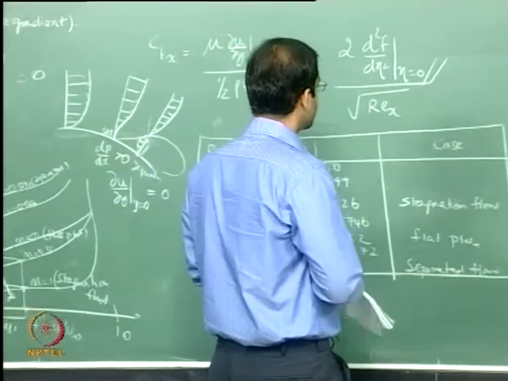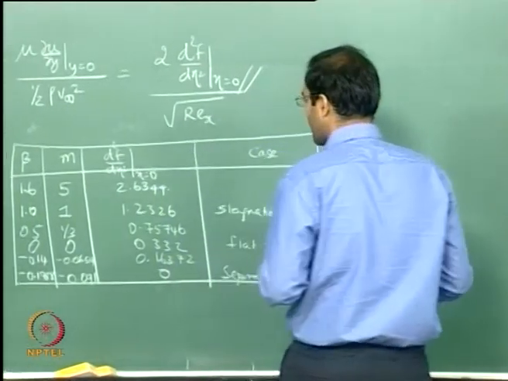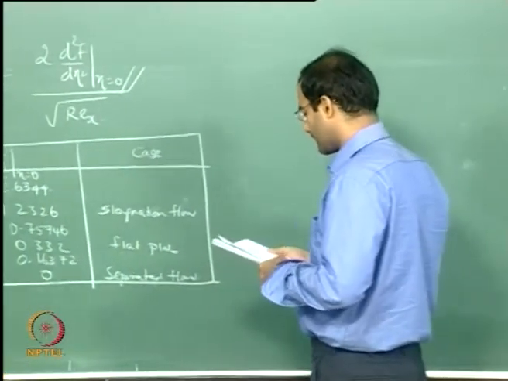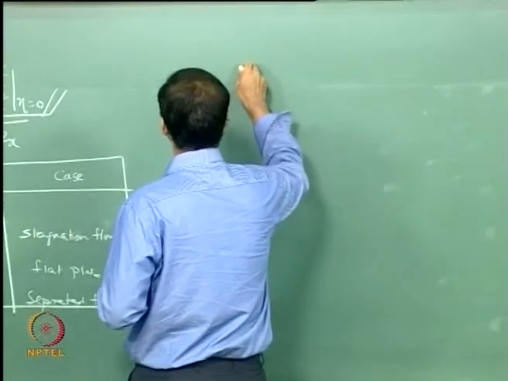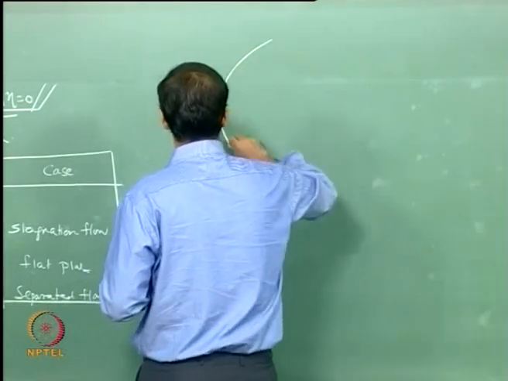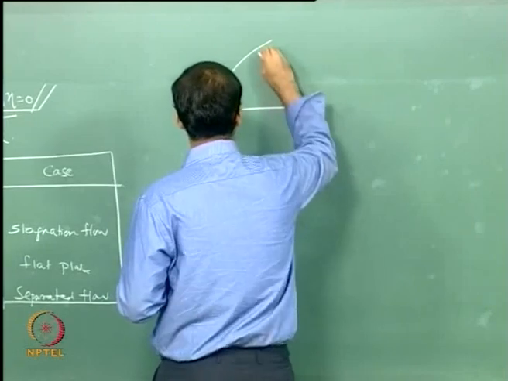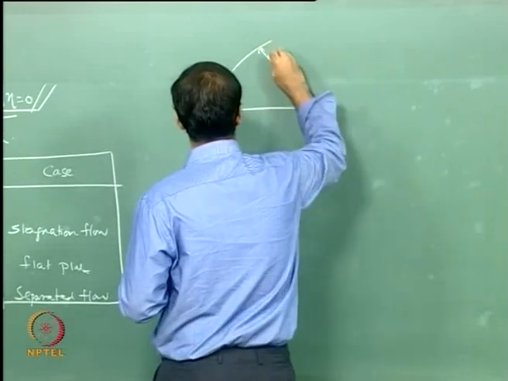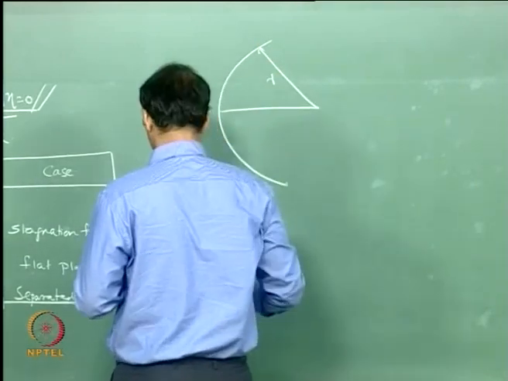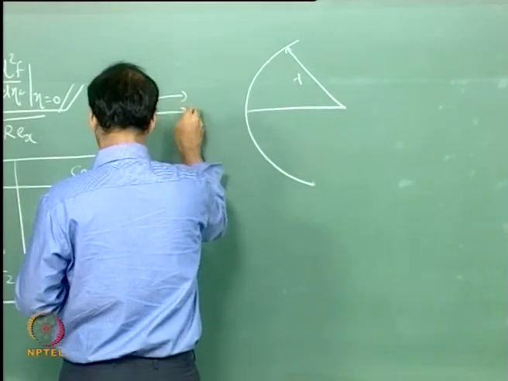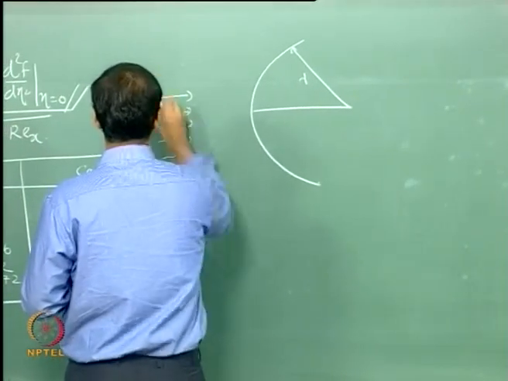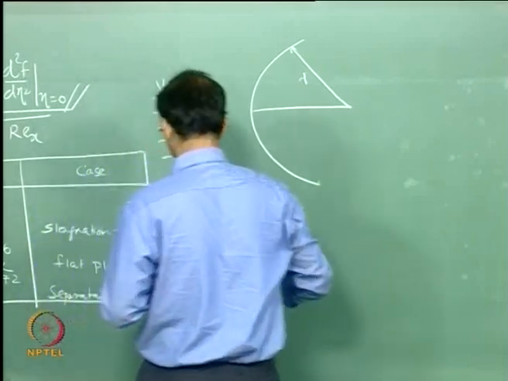A special case where we can apply the stagnation flow is flow past a circular cylinder. So this is your radius R, and this is your approaching free stream velocity, which is constant.